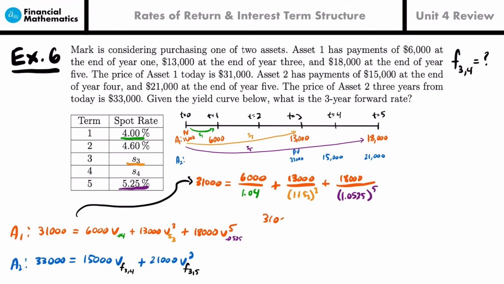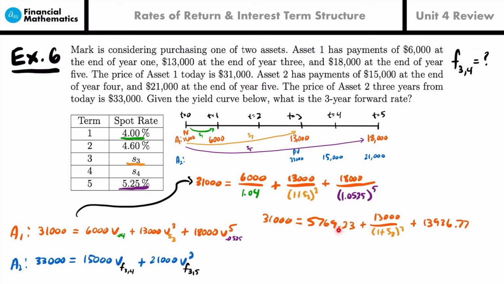We're going to have 31,000 is equal to $5,769 and about 23 cents. That will be added to that 13,000 divided by 1 plus S sub 3 cubed. And then if you plug this into your calculator, we will have $13,936 and about 77 cents.